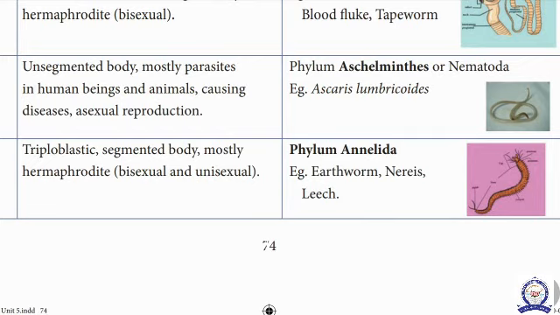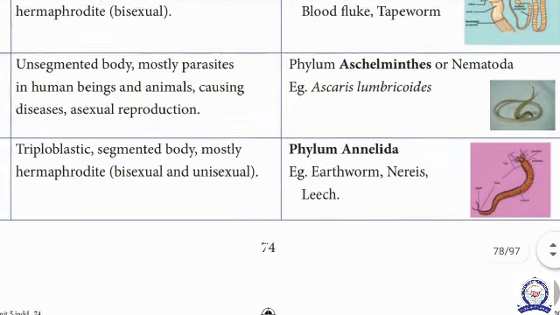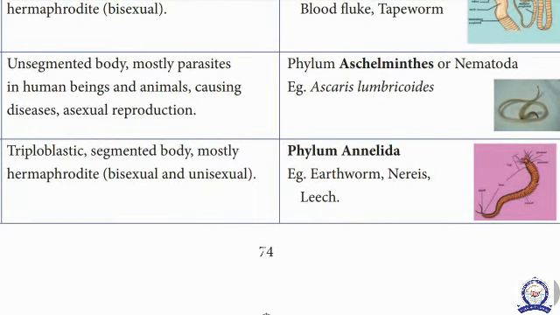Most of the worms are parasites inside the human body and animal body. They cause diseases, for example, ringworm. Ringworm is caused in human beings. These organisms have asexual reproduction.